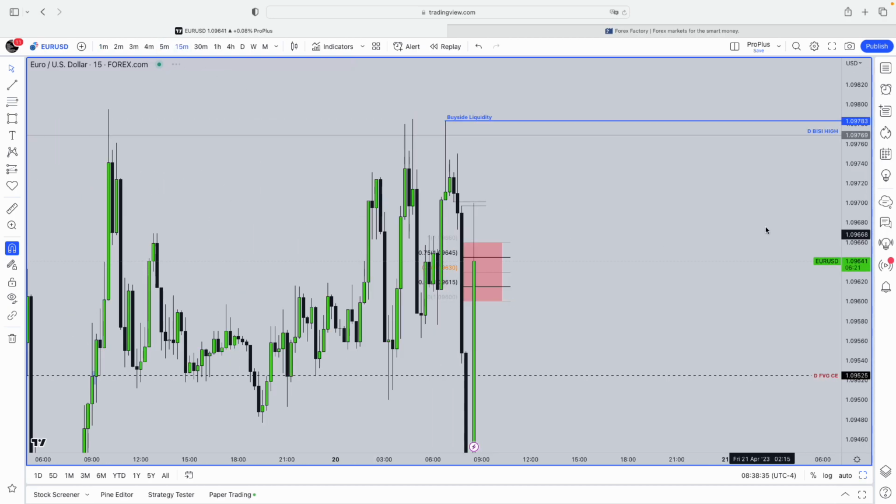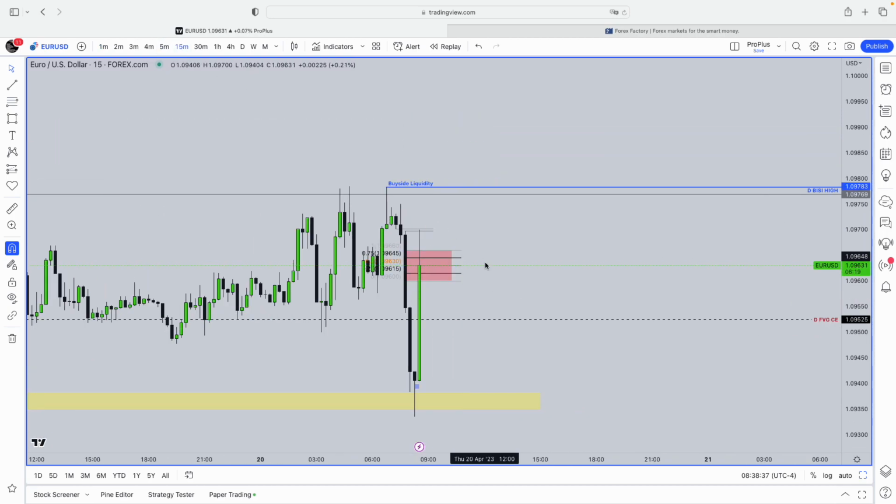But yeah, once it did tap into the fair value gap here, or even that fair value gap, that's when you want to take profit, some profit anyway, and move the stop to break even. You only want to move your stop to break even when you've taken some profit.